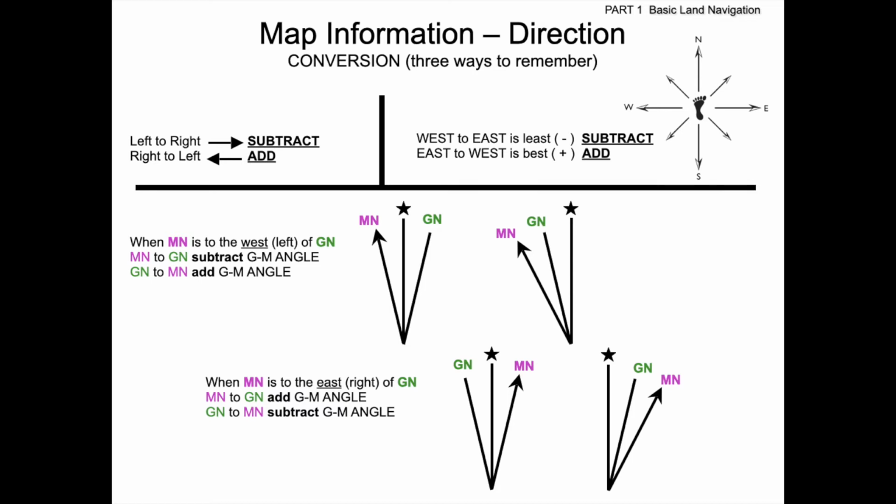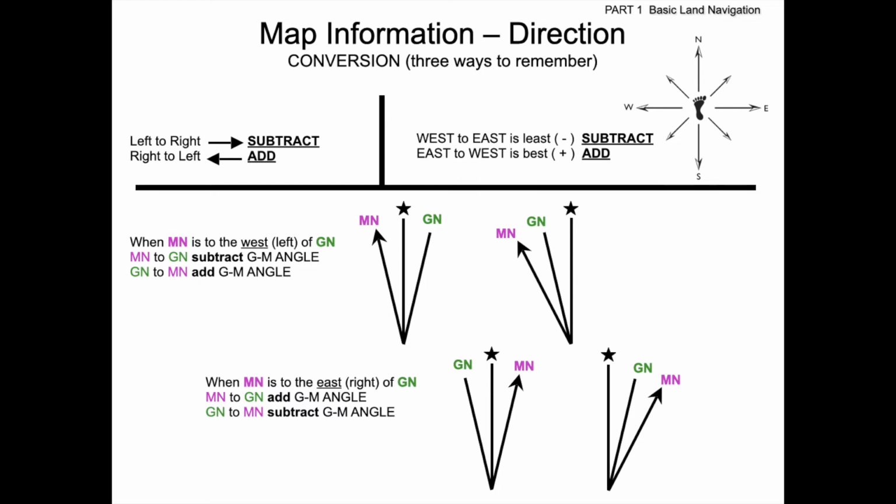You have to look at the diagram and know whether it's adding or subtracting, and that's going to be based on this, right? Left to right, you subtract. Right to left, you add. Another way to express that is west to east, you subtract. West to east is least, so you subtract. East to west is best, so you add. All right, it's got a ring to it.